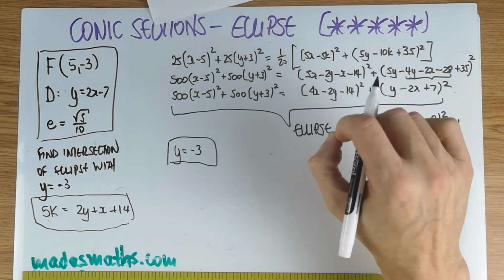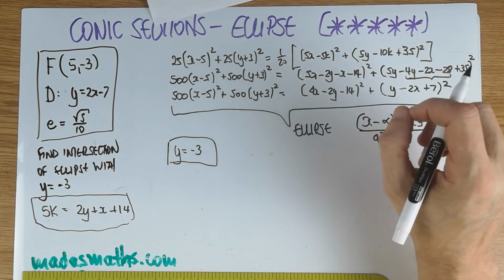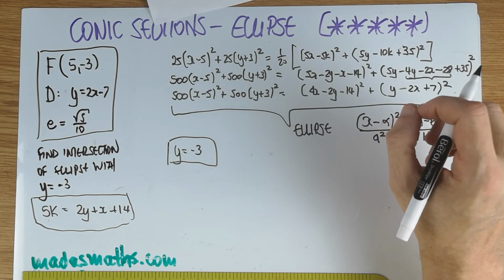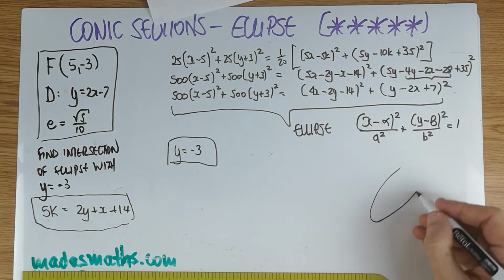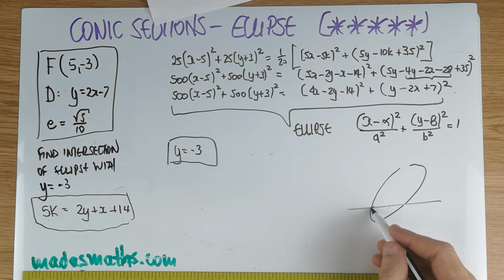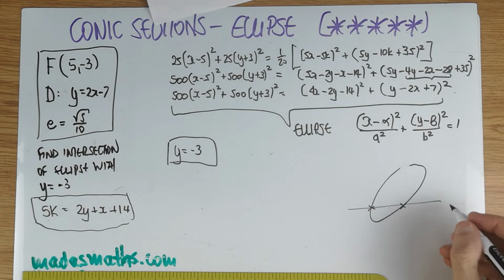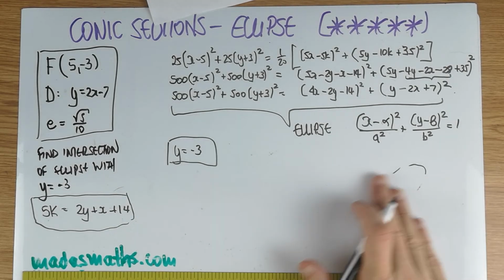I'm expecting, of course, well, maybe it's a tangent, but I doubt it. It will cross in two places, even if it's tilted. The line y is equal to minus 3. I'm expecting to get 2 coordinates with, of course, minus 3 as the y coordinate.